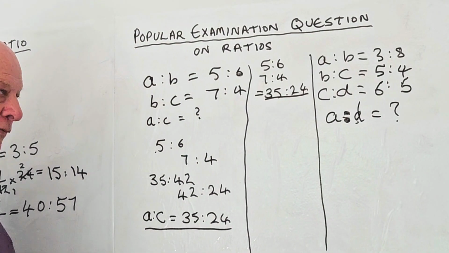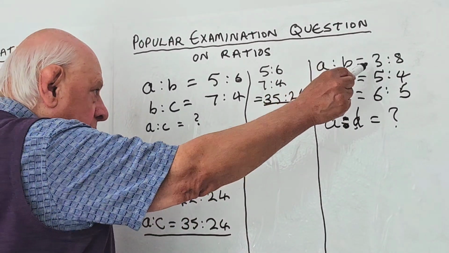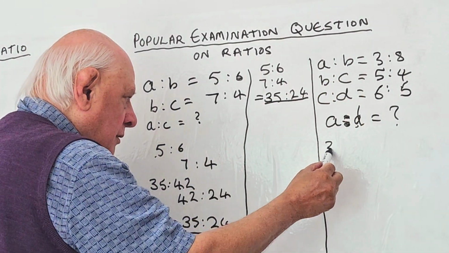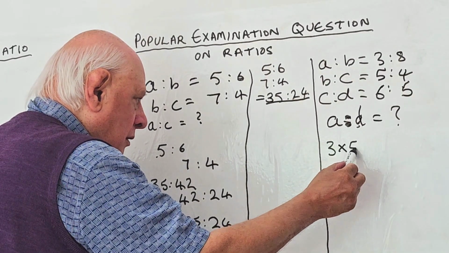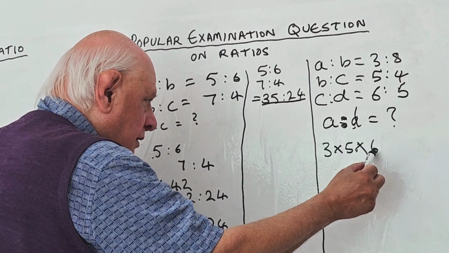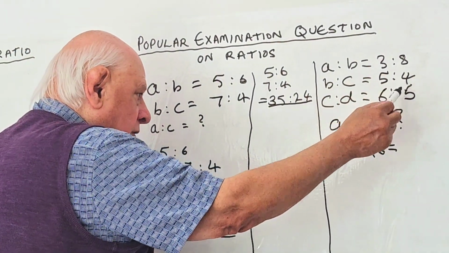Okay, the fast track method, which I've just explained here, is simply to multiply the first bits, 3 times 5 times 6, that's the first component. And the second component is 8 times 4 times 5.